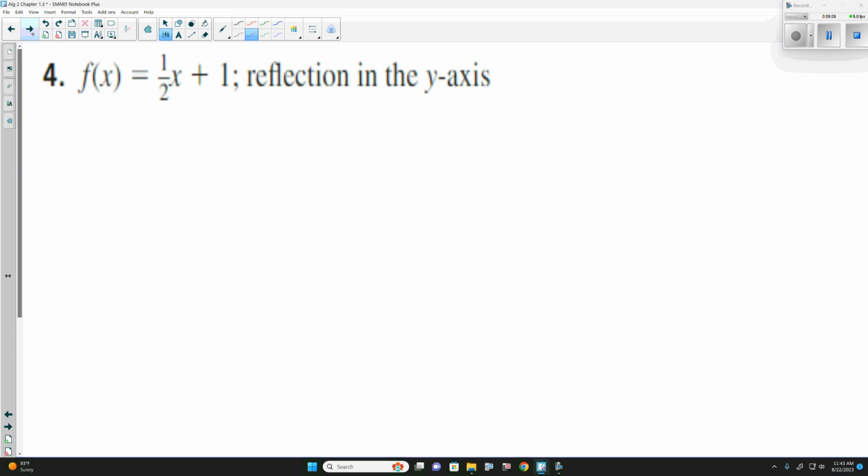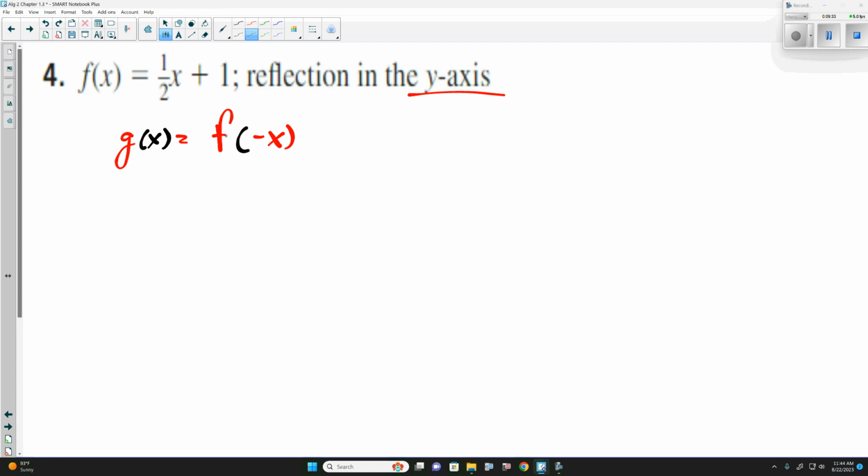Now, here, this function, we'll call it g of x, is going to be a reflection in the y-axis. So according to our notation, a reflection in the y-axis, we're talking about what? f of negative x. So this is where I would start, f of negative x, because this is going to tell us how to apply this transformation to the function itself.